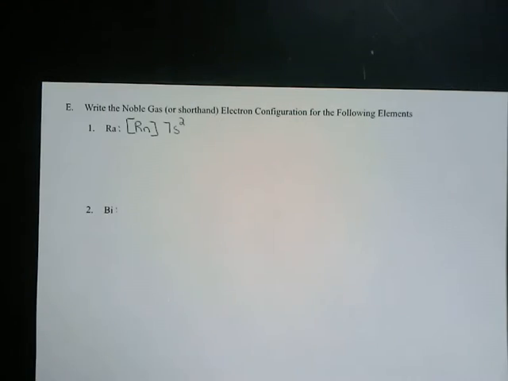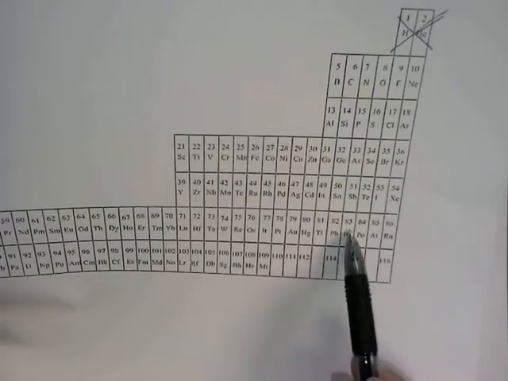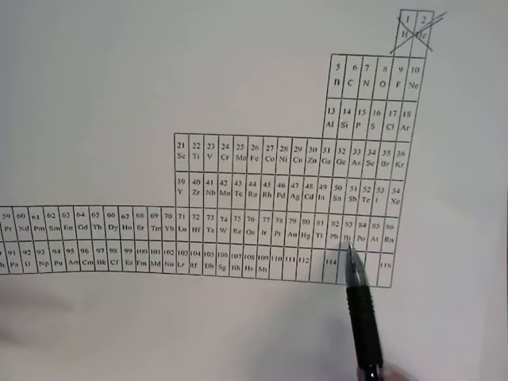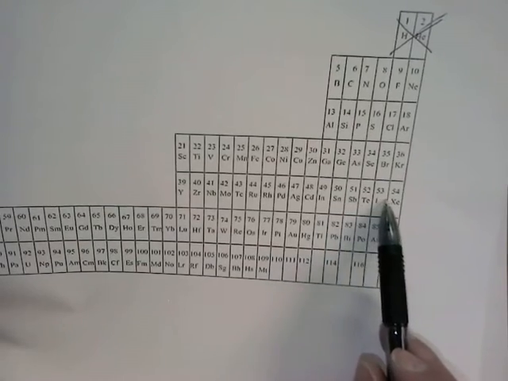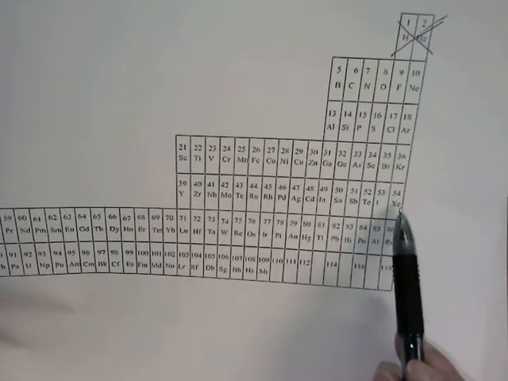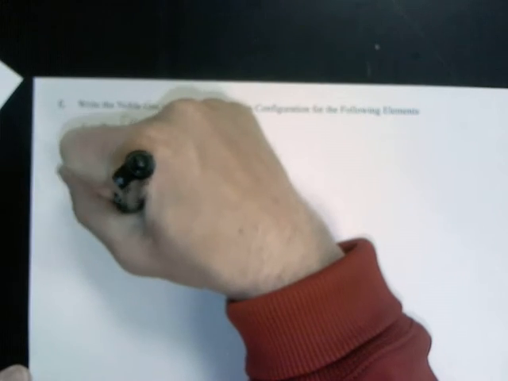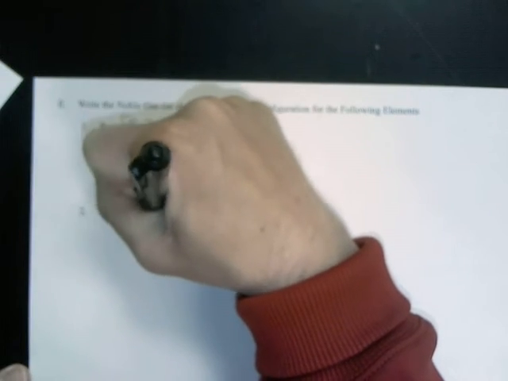Now, bismuth, we do the same thing. All right, bismuth, Bi, is element number 83. Again, we don't want to write all of that business down, so we go up one row all the way to the right to find the first previous noble gas. First previous noble gas is xenon, so we put xenon in our brackets.